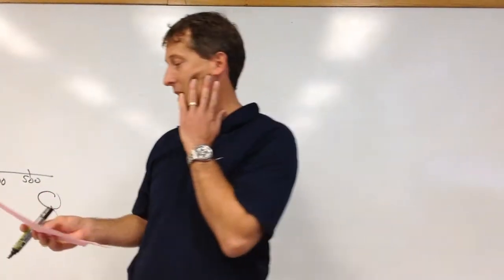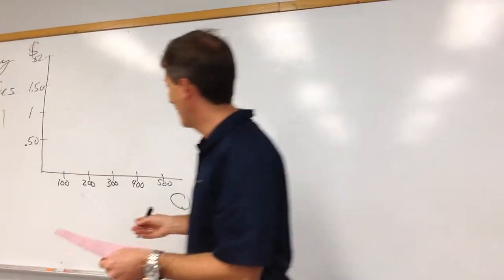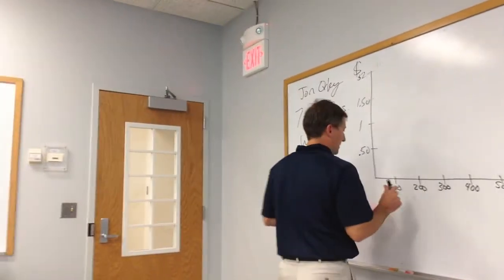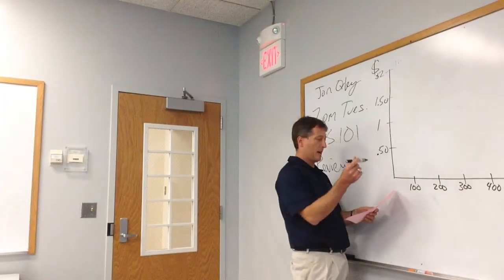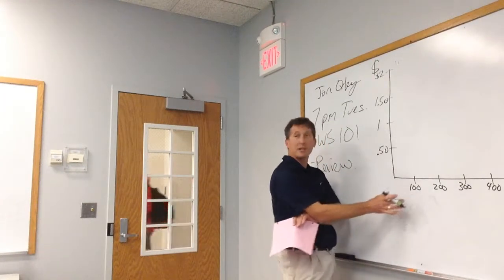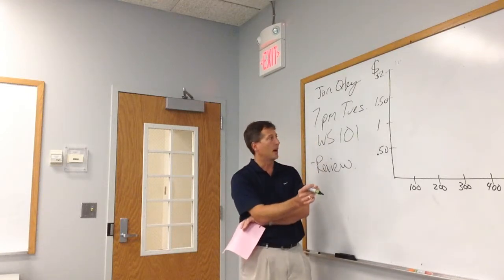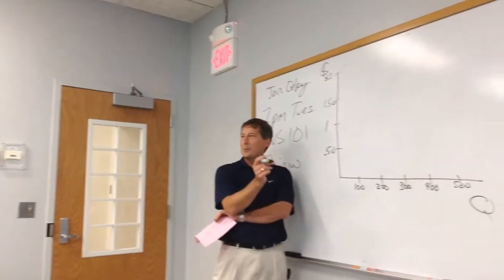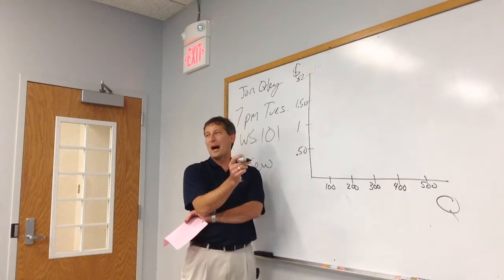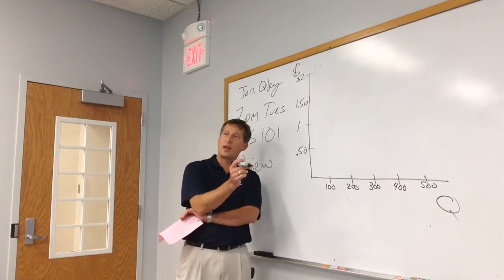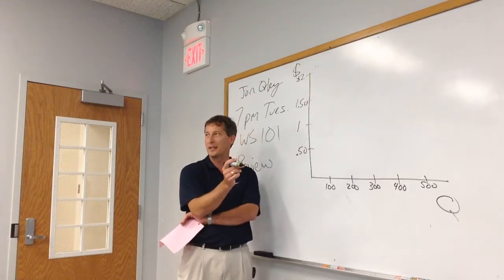So the first unit gave us a cost of how much in the first range? $1. Now, what would be an appropriate spot to put that cost curve, do you think?